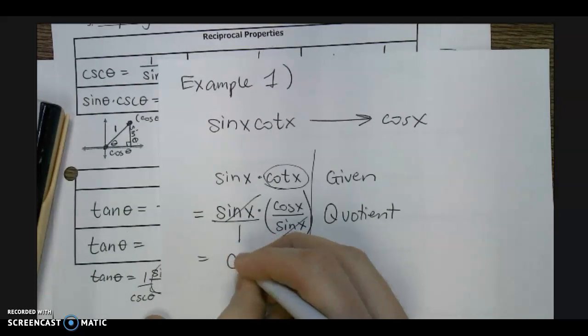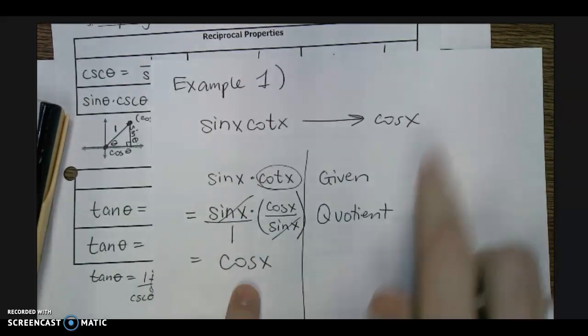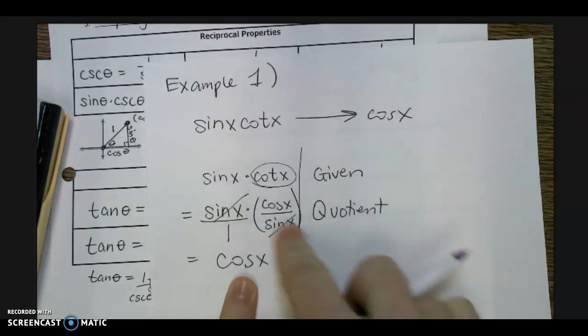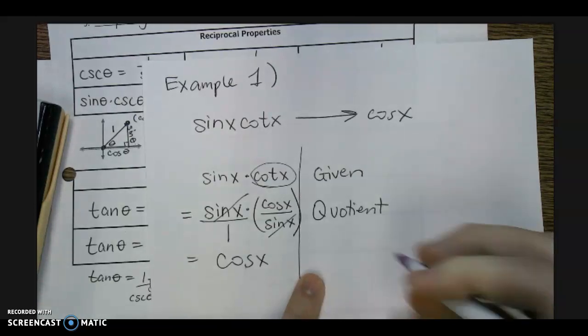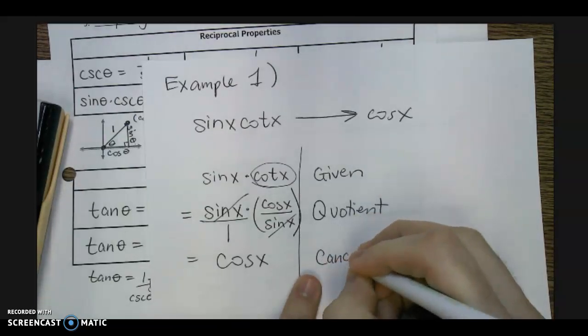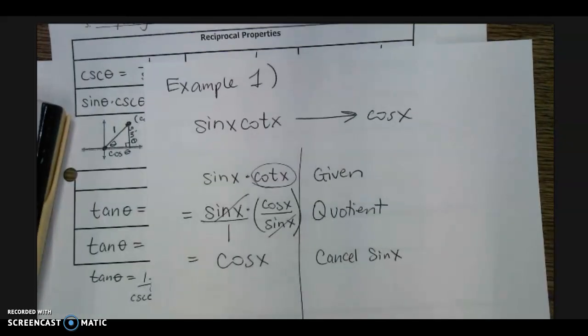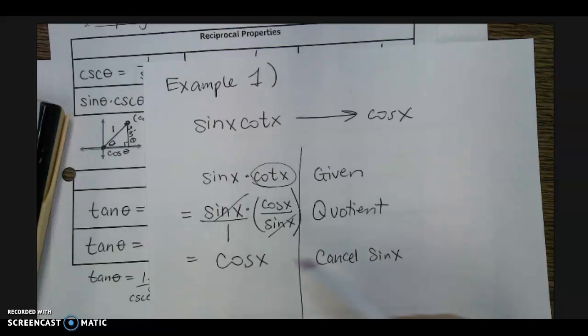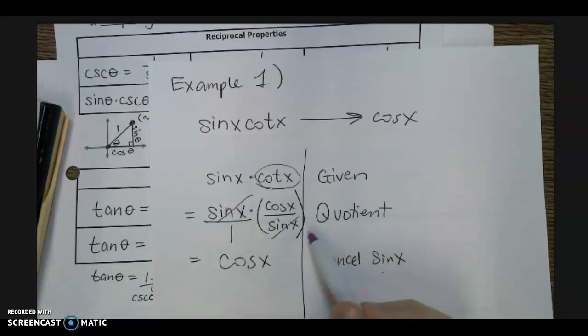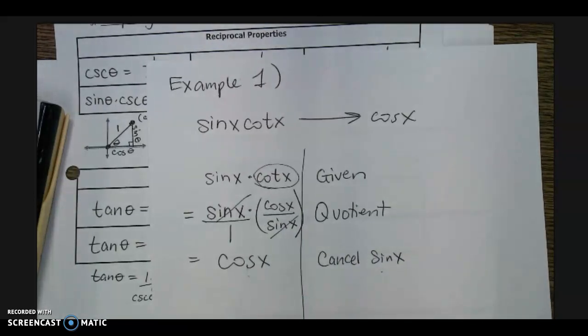So that leaves me with cosine, which is what we wanted. So that's our last statement. The reason is we canceled sine. Or you could say we simplified the fraction, or we reduced the fraction, however you want to word it, but we canceled sine, and that's how we got cosine. And that's the end of the proof.